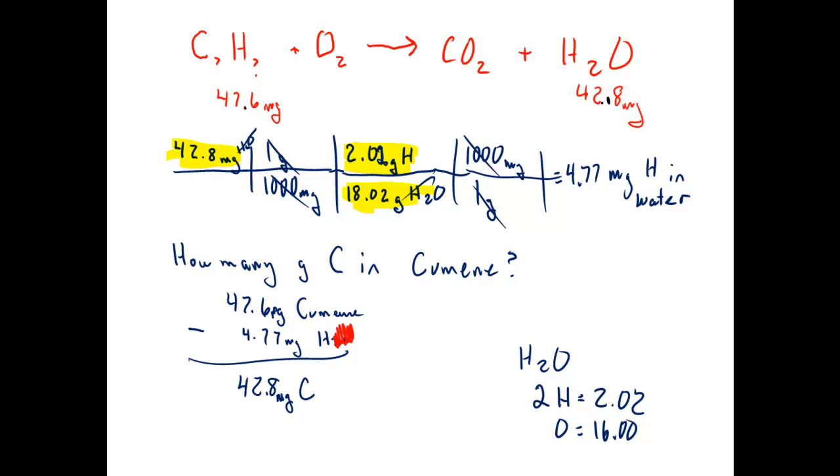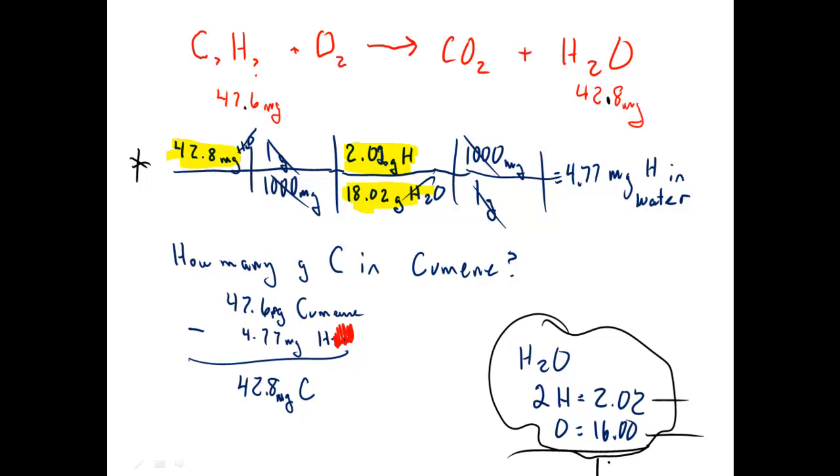And so in this first step right here, we're taking 42.8 milligrams of water. And we know from our molar mass of water that we've calculated down here that in water there are 2.02 grams of hydrogen for every 16 grams of oxygen, or if you want to think of this total, 18.02 grams of water.